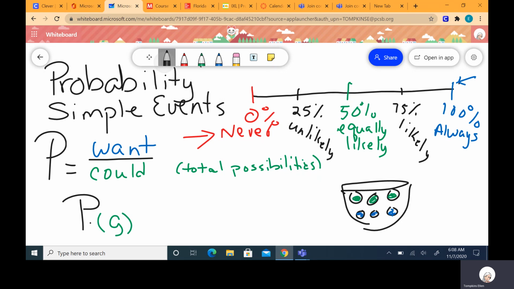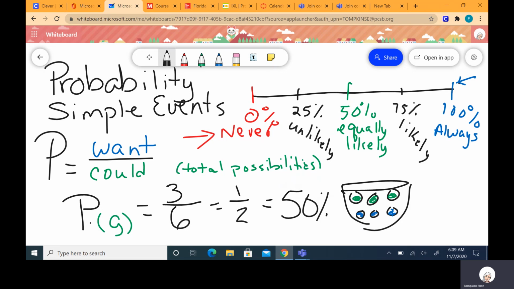That's the event I want. So the probability of pulling out a green is, well, what do I want? I want a green. How many green are in the bag? 3. How many are in the bag totally? 6. All right, so that would be the fraction of 1/2, which equates out to 50%.